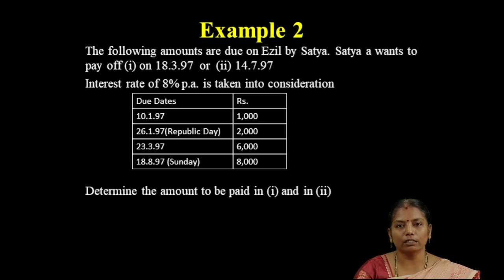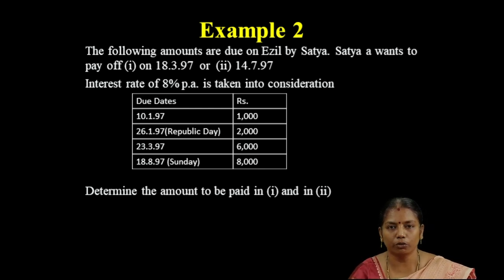First due date is 10/1/97, amount is 1000 rupees. Second due date is 26/1/97. This due date falls on Republic Day. Because Republic Day is a leave, we have to consider which day will be the due date.